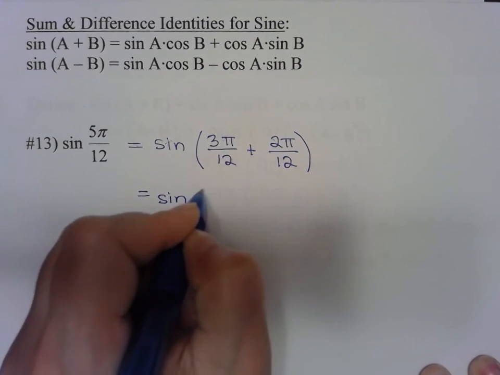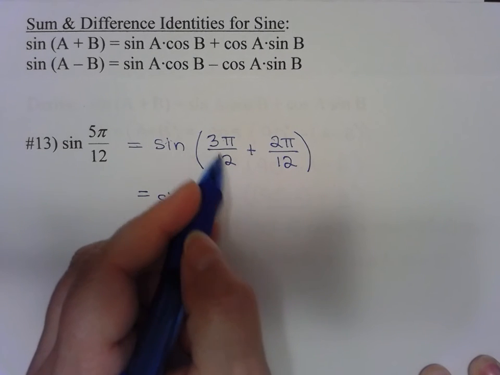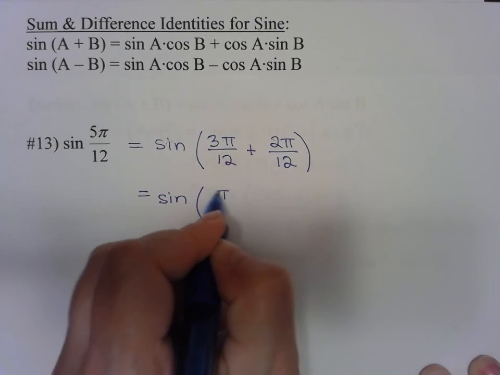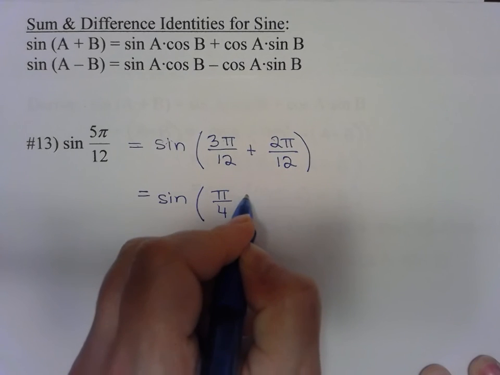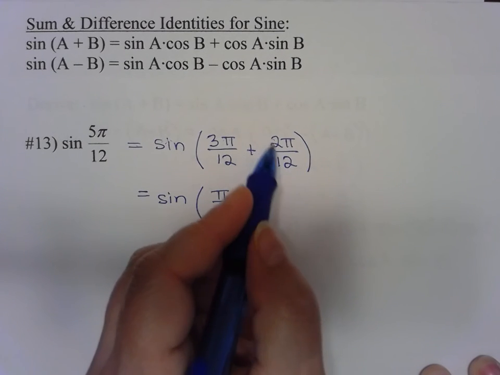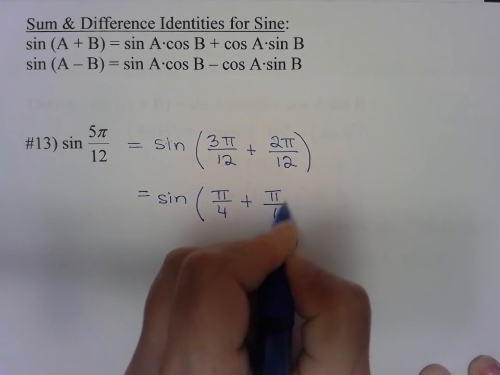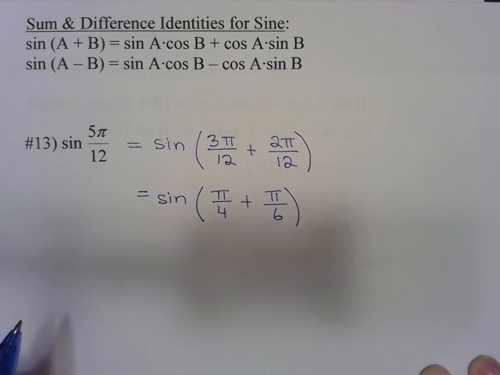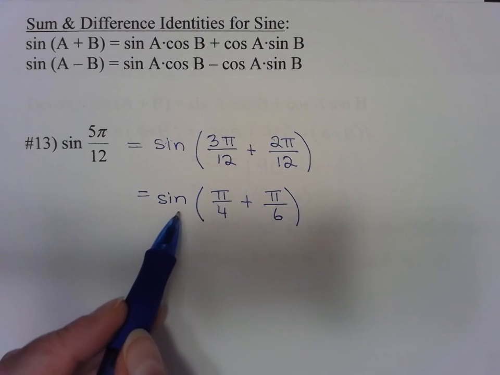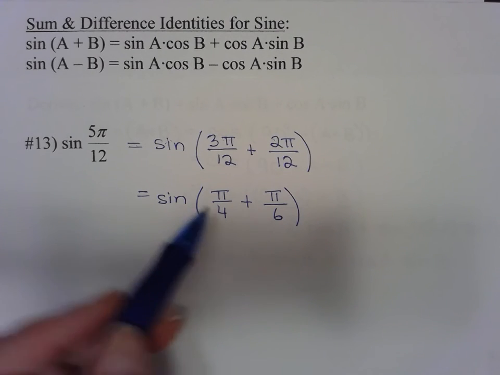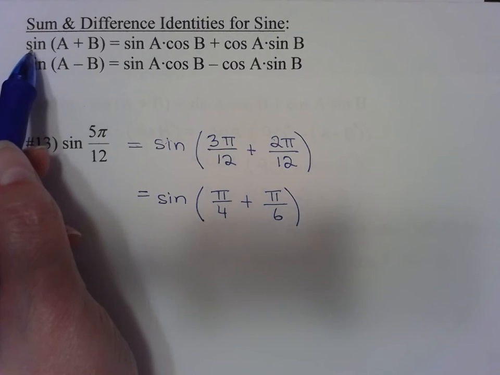If I reduce them, divide both by 3 here, this makes pi over 4. I know a lot about pi over 4. And if I divide top and bottom by 2 here, this makes pi over 6. I know a lot about pi over 6 as well, right? Okay, so this is the sine of a sum. So I'm going to use the first formula here.